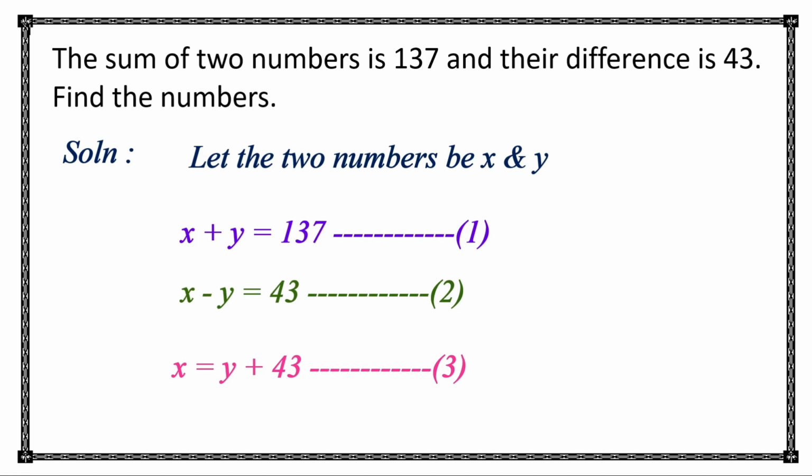Now substitute the value of x in equation number 1 or in equation number 2, children. Here I will substitute the value of x, that is equation number 3, in equation number 1, so that we get x plus y is equal to 137.